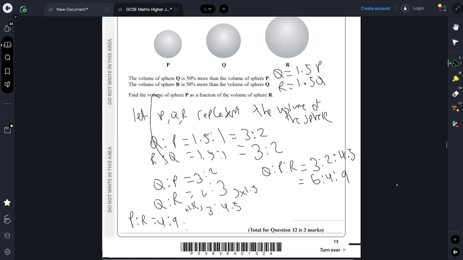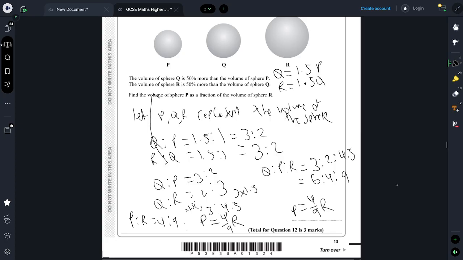So from that, if you read it like that, if you want to reach R, that's going to be 4 over 9. Because if R is 9 parts, P is 4 over 9 times 9, you get 4 parts back. Okay, so actually it's the other way around. That's how you interpret it.